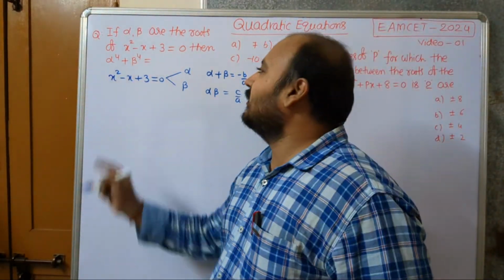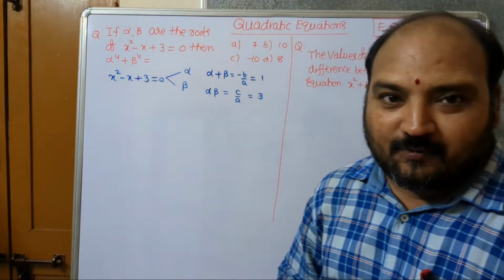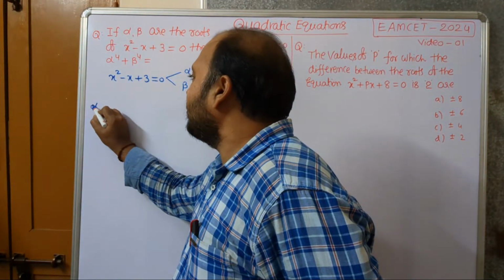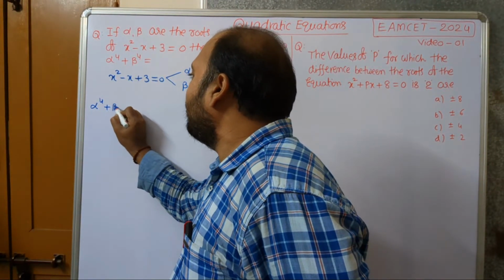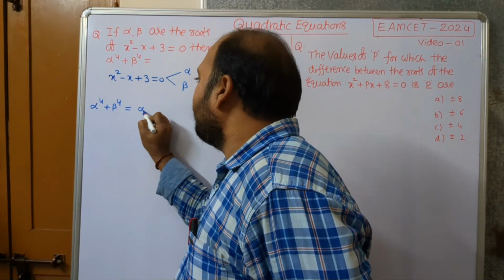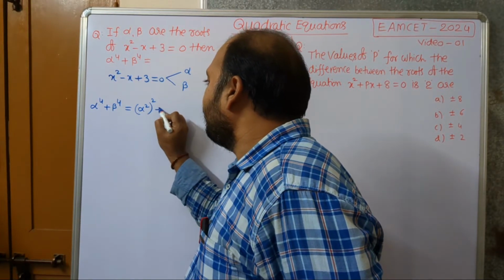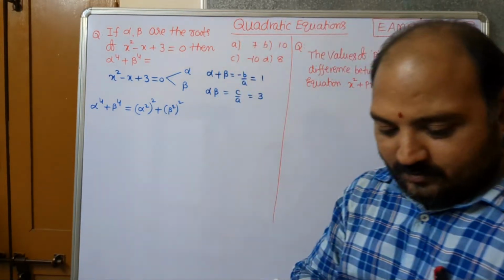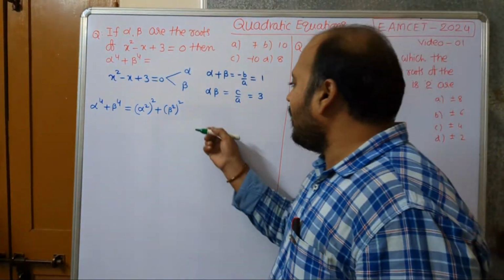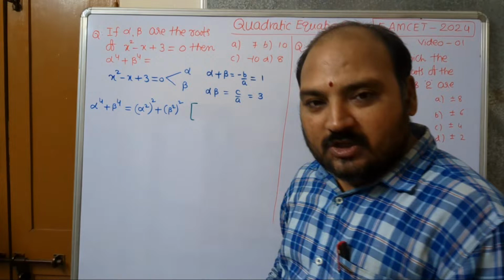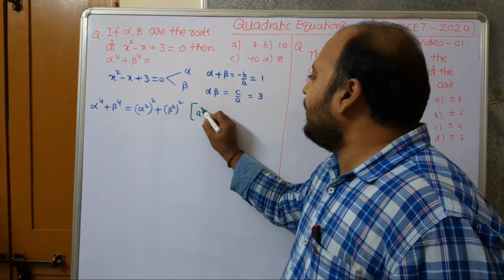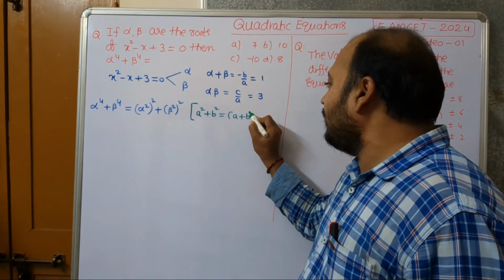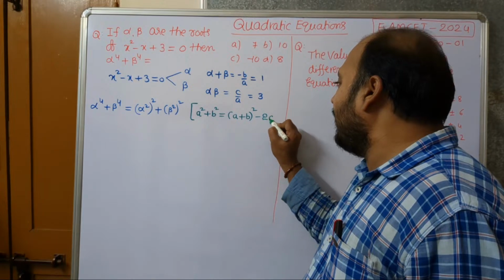After that they are asking to find alpha power 4 plus beta power 4. We have algebraic formulas, dear students. Alpha power 4 plus beta power 4, we can write it as alpha square whole square plus beta square whole square. Am I right? Is it possible to express or not? Yes, you can. After that, we have a formula in algebra: a square plus b square can be written as a plus b whole square minus 2ab.